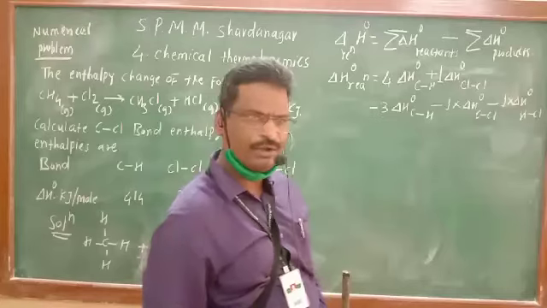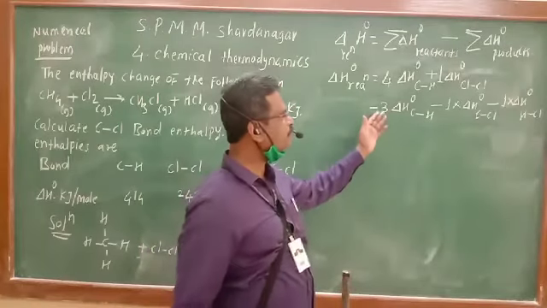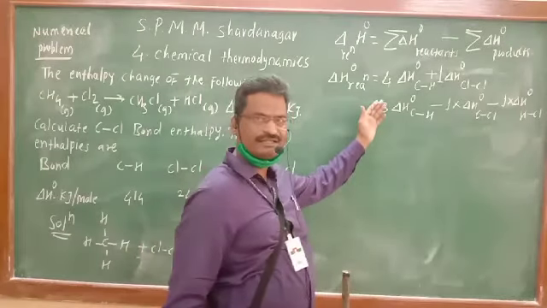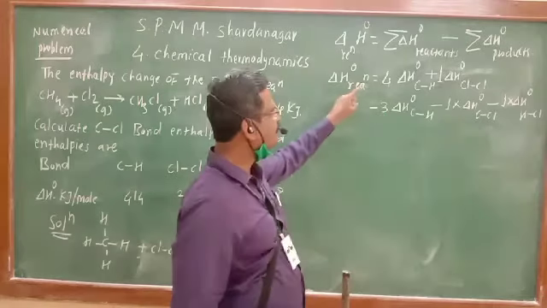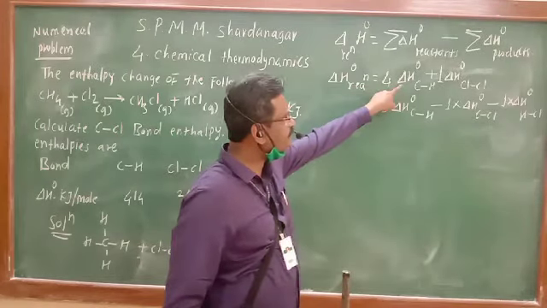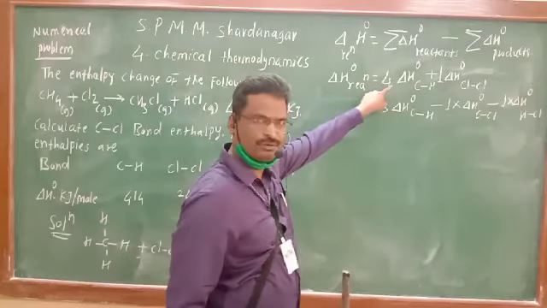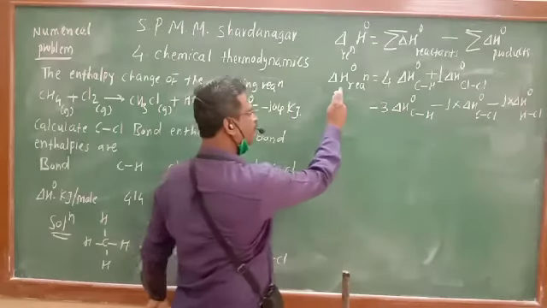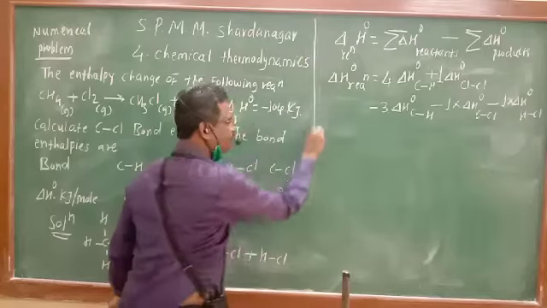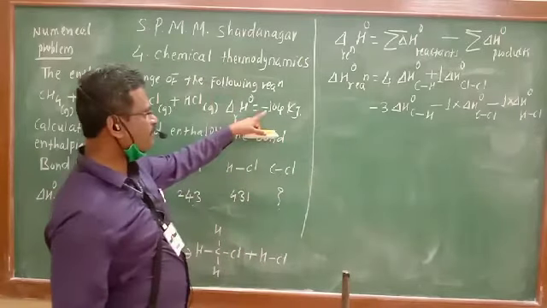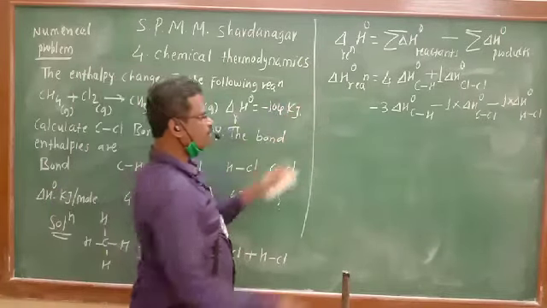Now substitute the values, or we can cancel the similar terms also. Delta H naught CH, 4 minus 3, it is just 1. Delta H naught of reaction is given. Delta H naught of reaction is minus 104.